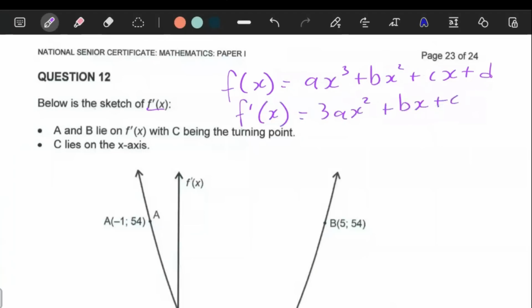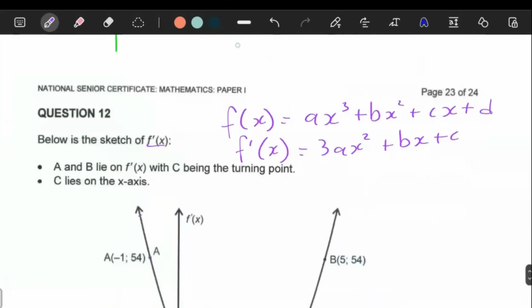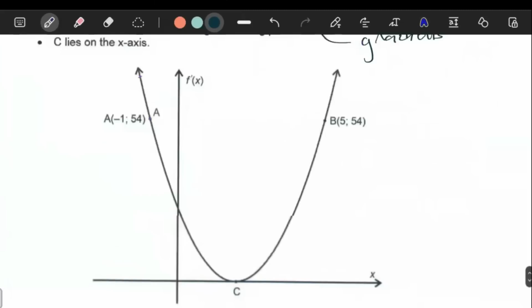They have sketched an equation that is showing a parabola, but then you have to remember the different y values of this parabola are just giving you the gradients of your cubic function. This is just a visual representation of how the gradients are going to get lower and lower, the gradient is going to be 0, and then it gets higher again.